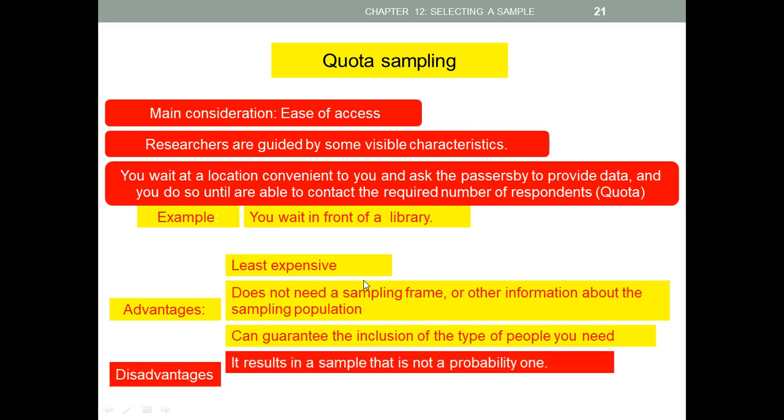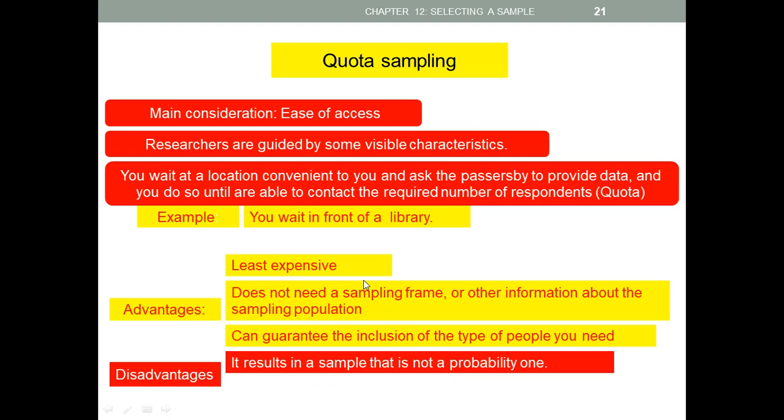Some disadvantages: it results in a sample that is not a probability one. Yes, quota sampling is a type of non-probability sampling. So if you select 200 library users, after 1 week of data collection, you can recruit 200 library users in the first week.